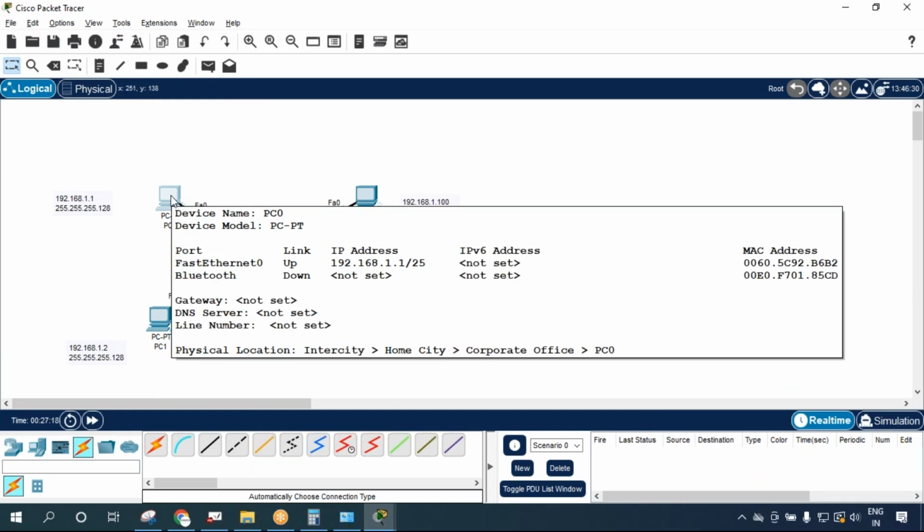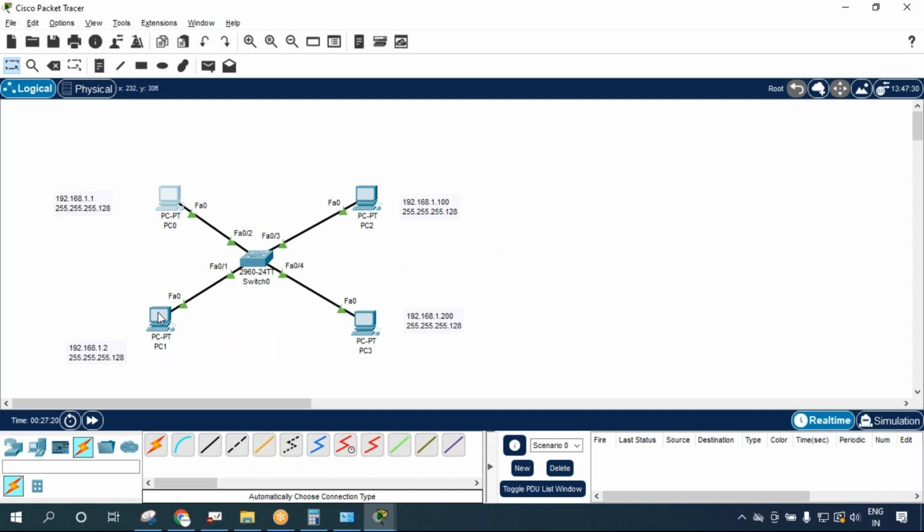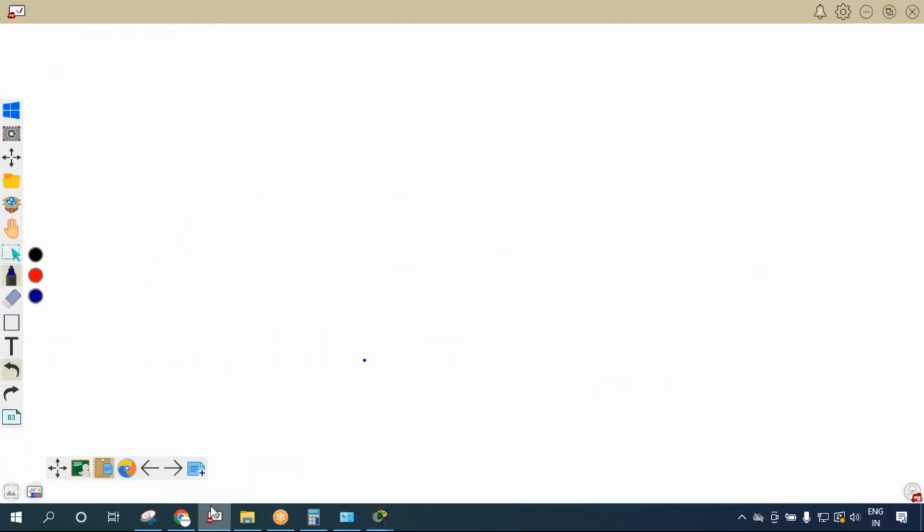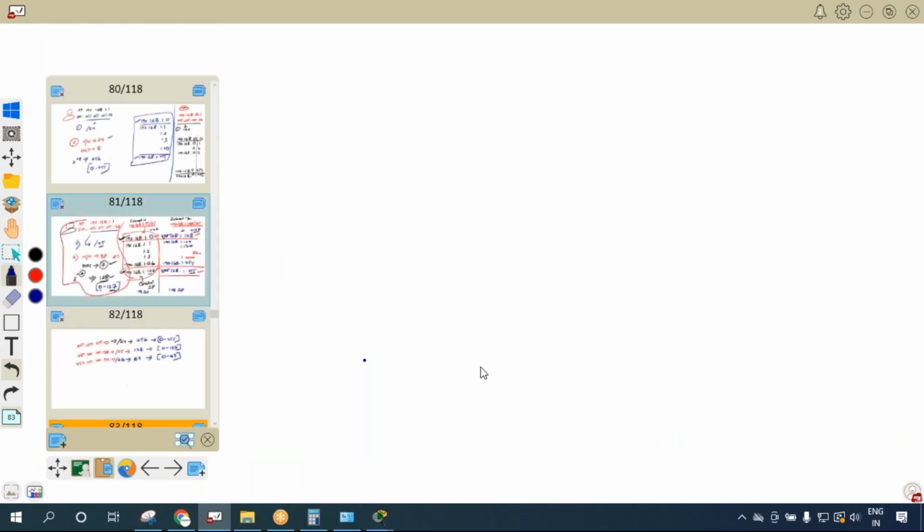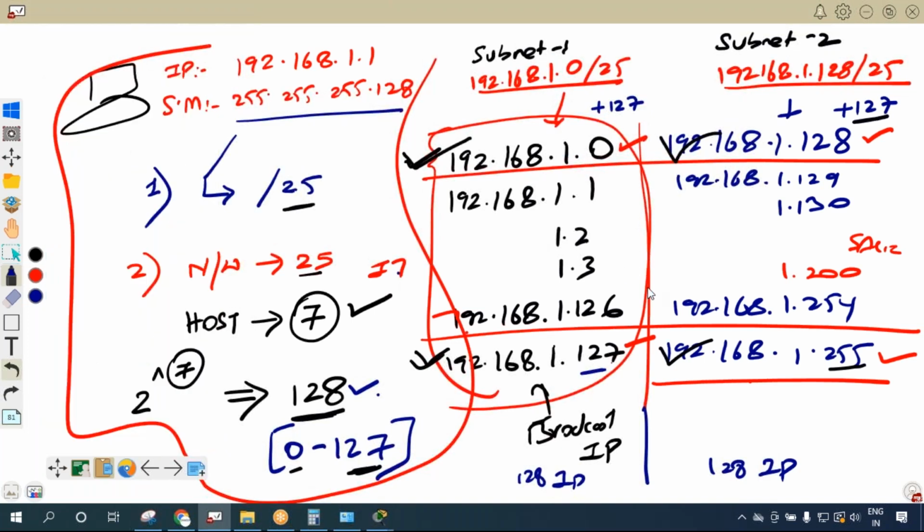Have you understood why 1.1 is able to ping 1.2 and 1.100 and why it is not able to ping 1.200? Correct. As per subnetting, they are in different subnets because of this subnet mask. 1.1, 1.2, 1.100 are in the same subnet, and 1.200 is in a different subnet.